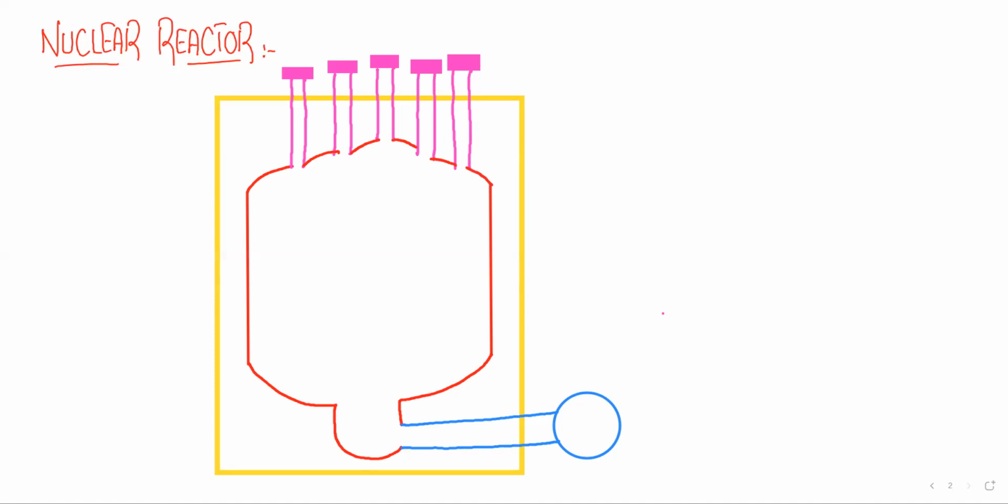Let's start labeling them so that will help us identify what we are dealing with. So this is a concrete shield. So the yellow box is basically a concrete shield, and further we are going to connect control rods over here. And before that, let's take some different material again over here.